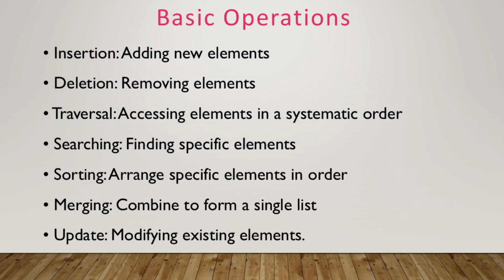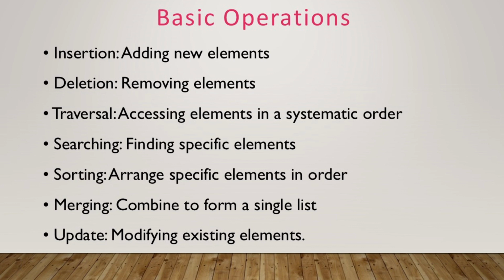Like we may have 100 students in our class who are doing BCA 4th semester, right? And then we want to find out who has scored good marks in the C programming language. So we can search the data on the basis of the marks obtained. So searching is finding specific elements, right?